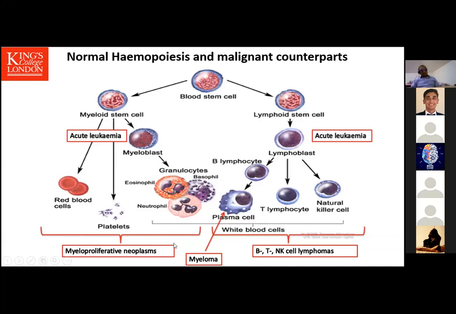If they are chronic or slow to start with, they become myeloproliferative neoplasms, and if they are acute, they can become leukemias. Then in lymphoid we have lymphocytes, primarily B lymphocytes, T lymphocytes and natural killer cells. When B lymphocytes challenge an antigen, they turn into memory cells and plasma cells, and plasma cell neoplasms are myelomas.